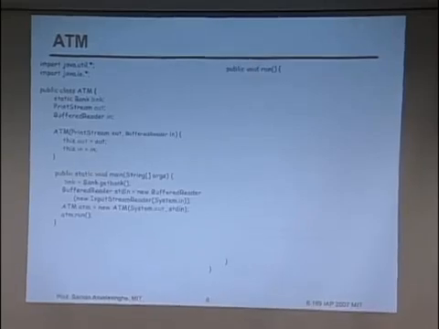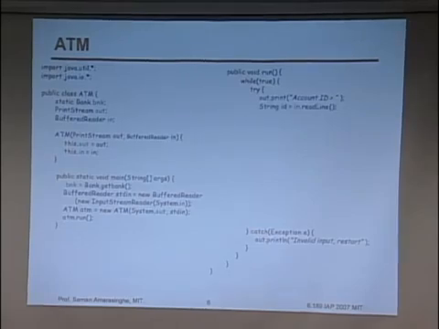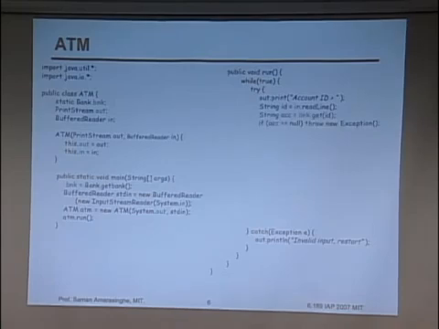What happens in run is you run forever. The ATM doesn't stop at any time. When somebody walks into the ATM, you ask, what's your account ID? You type the account ID, and you can get the account. Of course, if the account ID is wrong, it will throw an exception. You ask, what's the password?